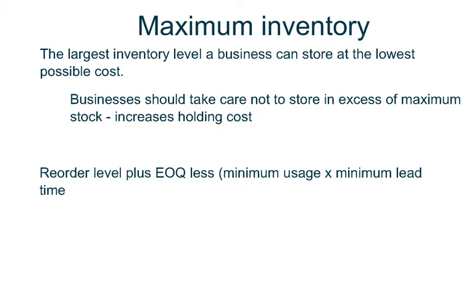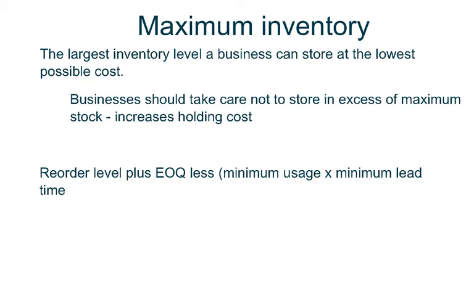Then what is the formula to calculate maximum inventory? We will take the reorder level. You will remember we looked at the reorder level before. We will also look at the economic order quantity level. So it's reorder level plus your economic order quantity, less your minimum usage or the minimum demand times the minimum lead time.